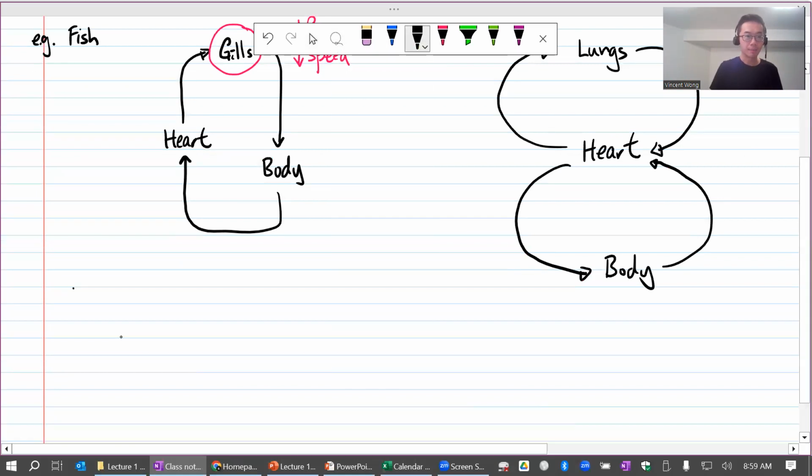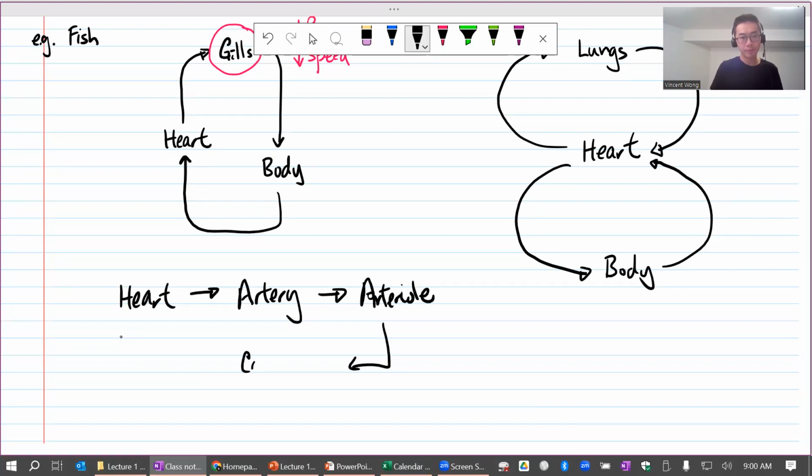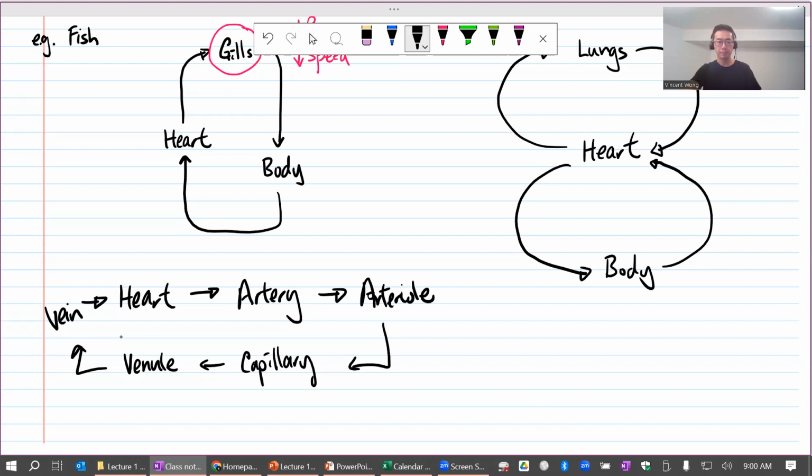So heart, artery, arteriole, capillary, venule, vein, and then back to the heart. Okay.